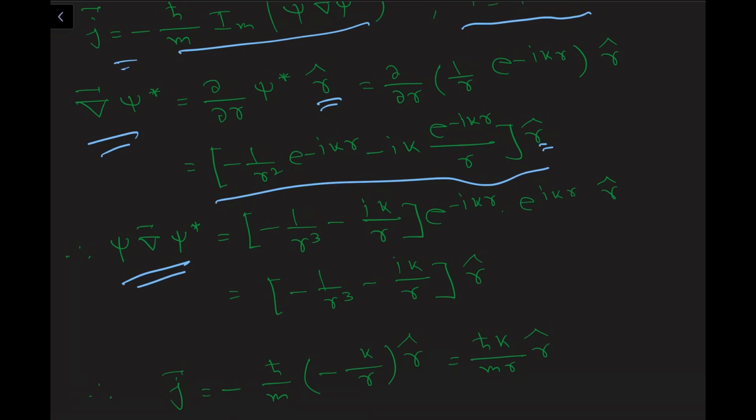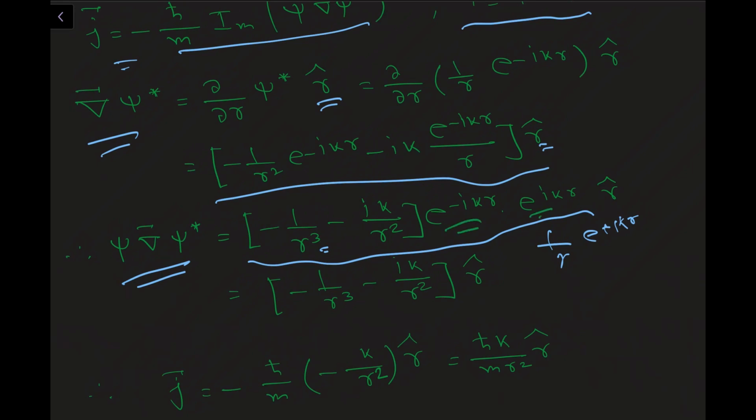Now psi del psi star will be given by multiplying this by 1 by r e to the power plus i k r. So this is coming out like that, r square becomes r cube. Here we will have r square, similarly here r square, also here r square.